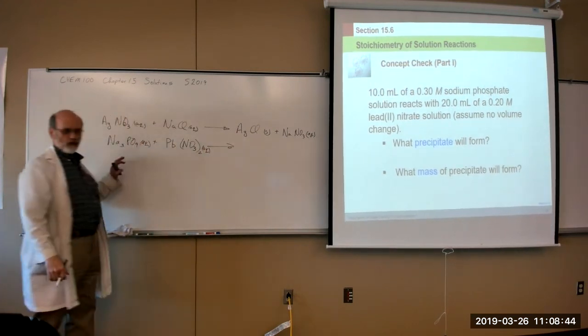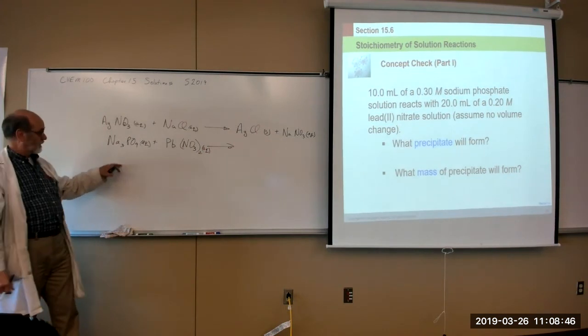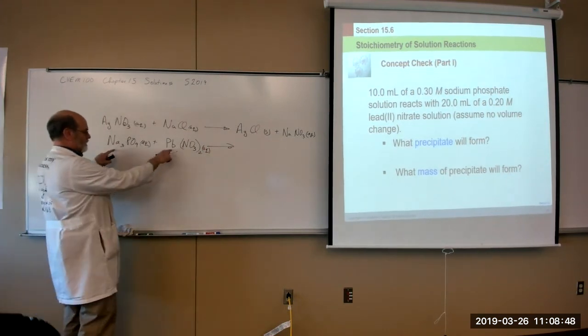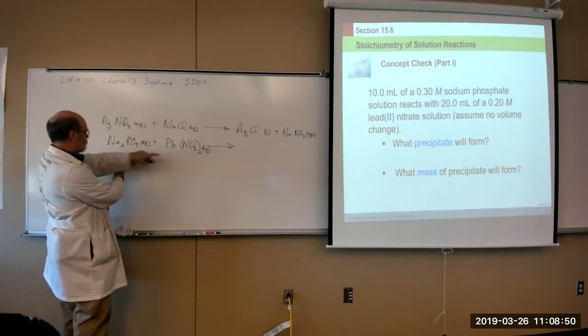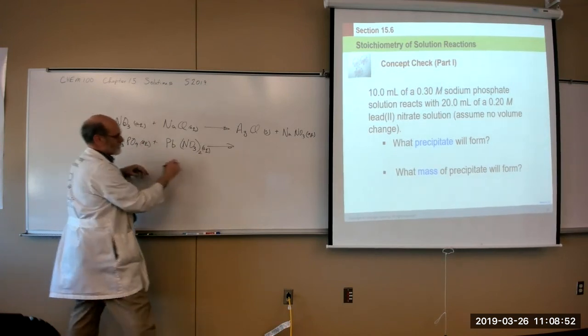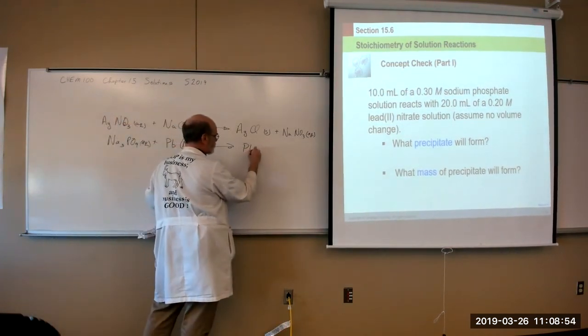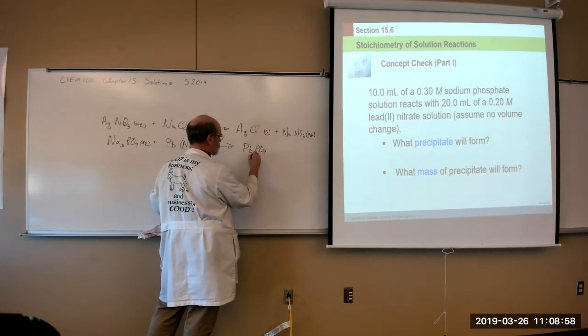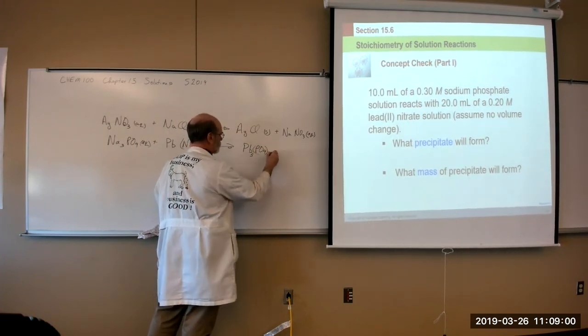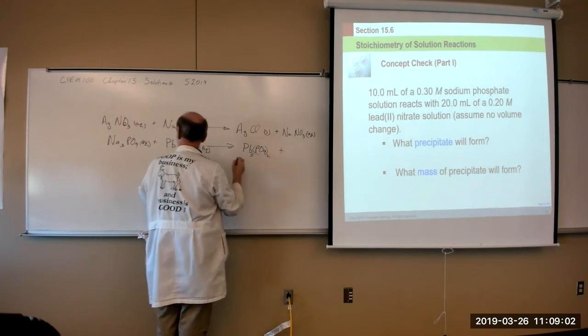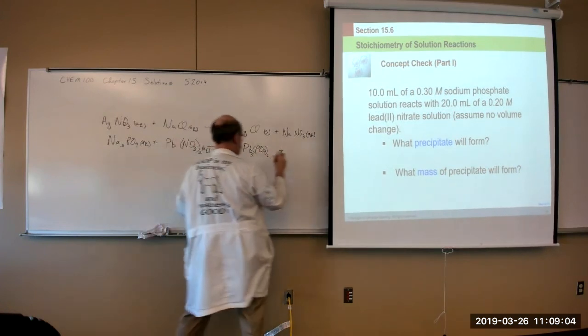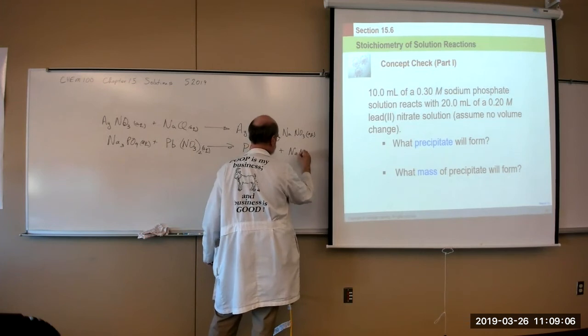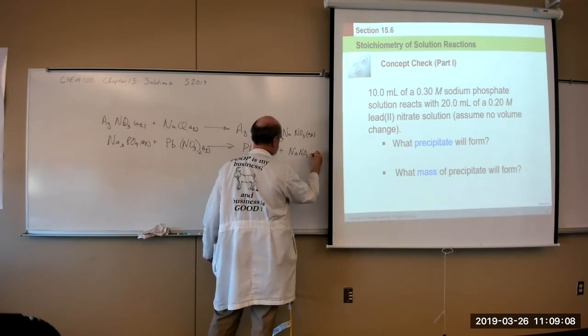And then this is a double replacement reaction. You just swap the cations, like that. So lead and phosphate is one possible product. Lead 2 and phosphate, so it's 3 here, 2 here. And then sodium nitrate, which is soluble.